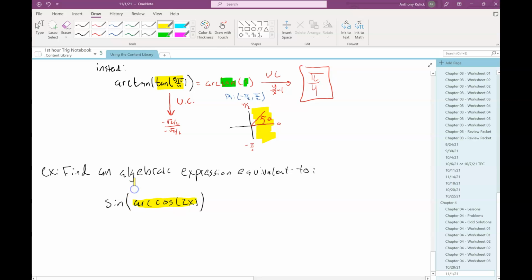So we're going to start with the arc cosine of 2x. And I know that if I'm doing an arc cosine or a cosine inverse or a sine inverse, whatever, that's giving us an angle measure. Everybody's okay with that?